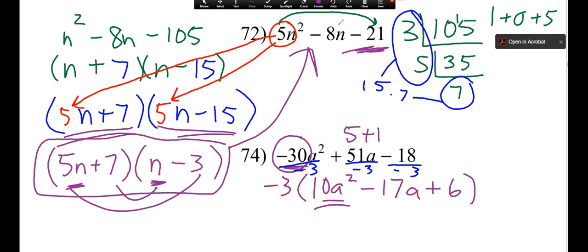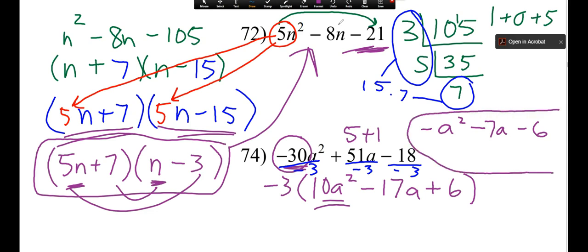You know, I've even seen problems where it's like negative a squared. Let me make one up in my head here. A squared. I've seen questions like this, and kids didn't know what to do with it, where if they would have just taken one moment and pulled out the negative 1, then they would have seen something very much like what they're used to dealing with.